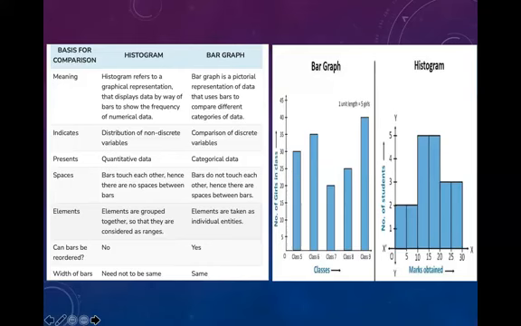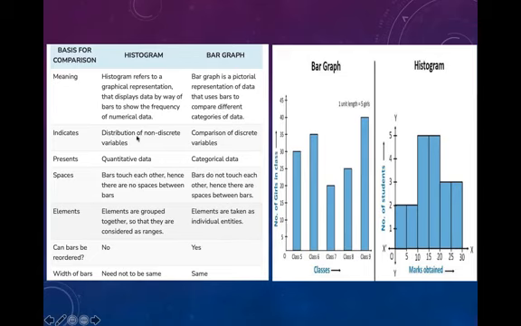We will now compare histogram and bar graph because they look the same. A histogram is a graphical representation that displays data by way of bars to show the frequency of numerical data. A bar graph is a pictorial representation of data that uses bars to compare different categories of data.